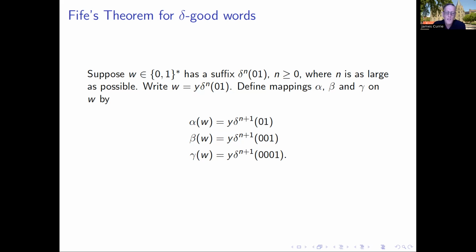For beta, we keep the y, and we extend by delta to the n plus 1 of 0, 0, 1. And gamma, we keep the y and extend by delta to the n plus 1 of 0, 0, 0, 1. So each of these has w as a prefix and a suffix delta to the n plus 1 of 0, 1.